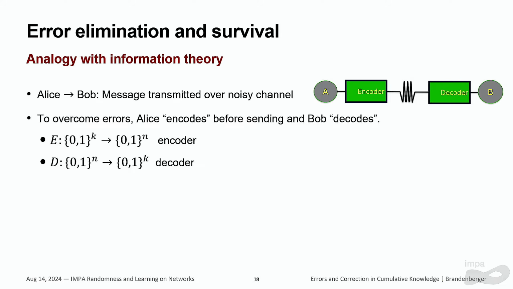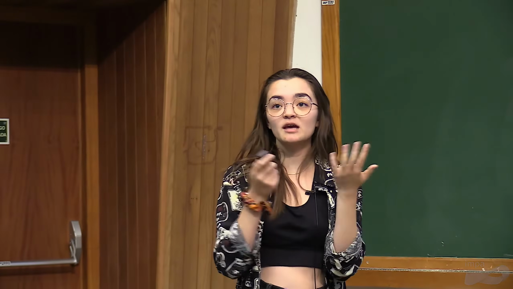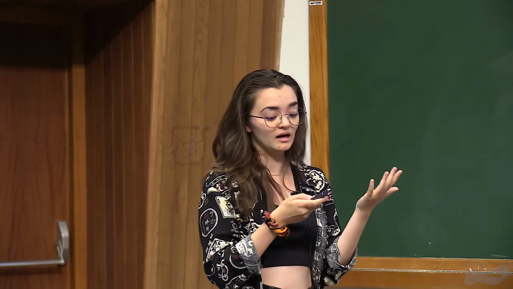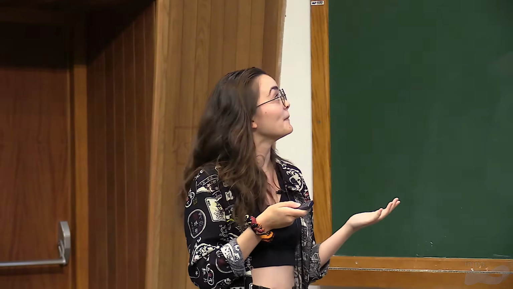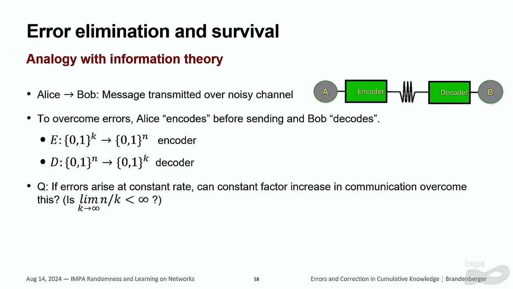The channel has some noise, you want to send k bits, so instead you send n bits, with n over k hopefully some constant. And you want B to be able to decode your message, and you want this factor of increase to not be too large. And the answer is yes, you can do this.